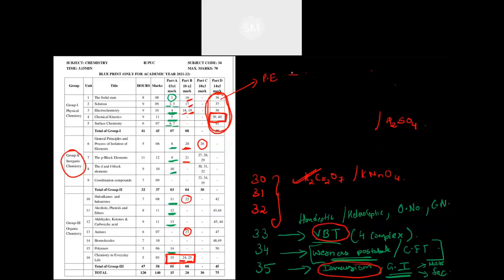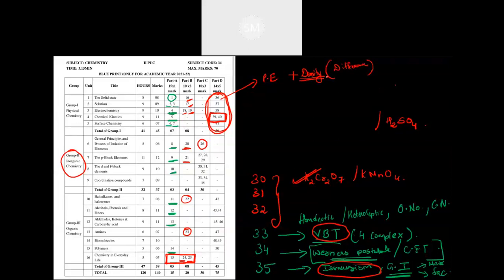Study all that 3 marks. It is fixed. Along with that, most of the time either a density problem could be asked, or they ask the differences: Schottky defect, Frenkel defect, amorphous, crystalline. Or F center, or calculation of the number of atoms, or magnetic properties.